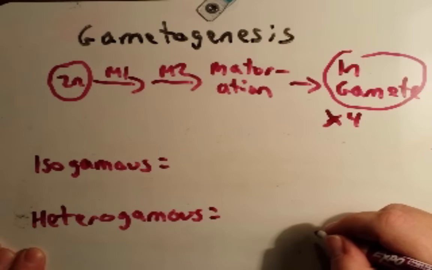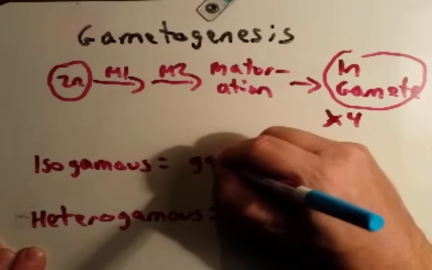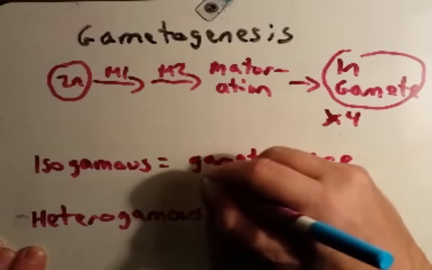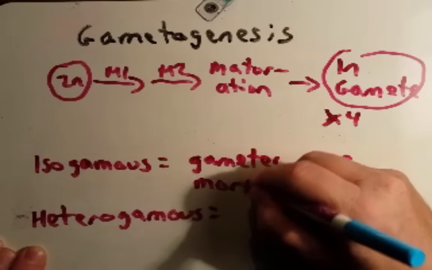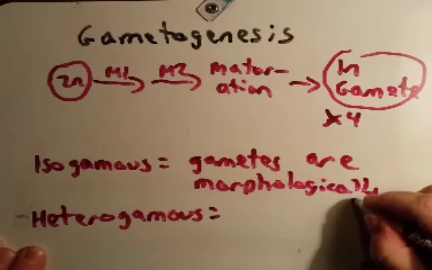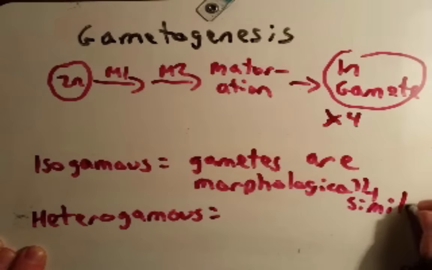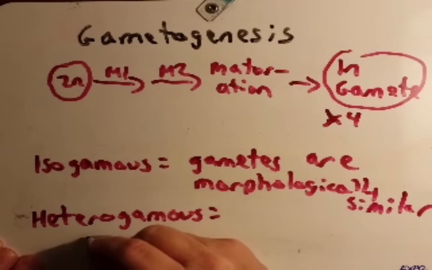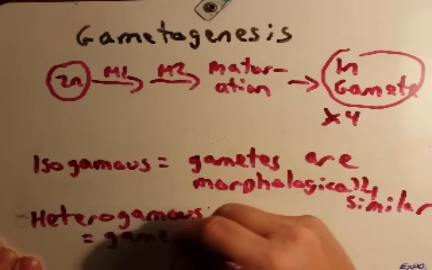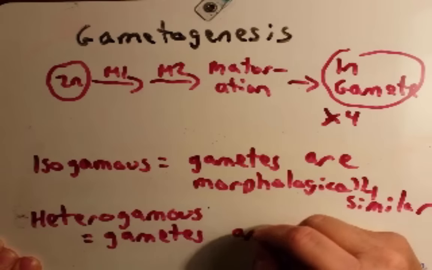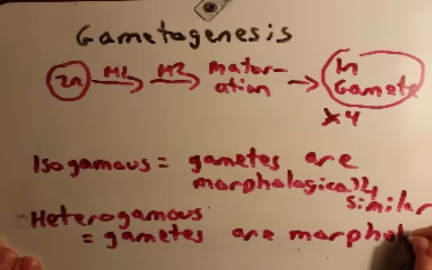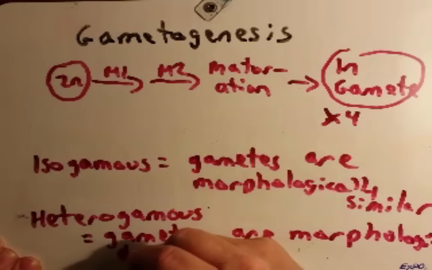Isogamous means that the gametes are morphologically similar, whereas heterogamous means that the gametes are morphologically dissimilar.